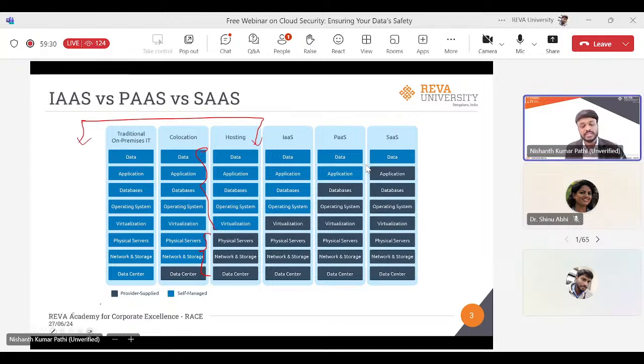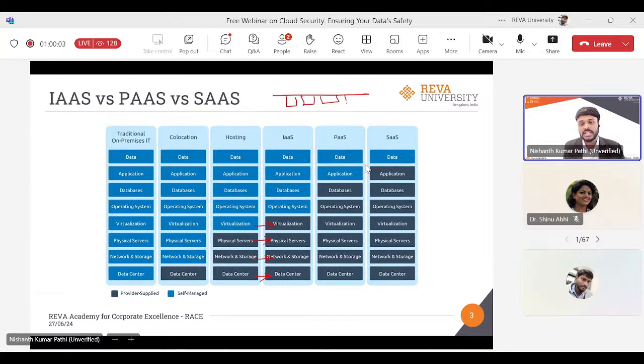But since 2006, when AWS started introducing cloud features, cloud comes with three models: infrastructure as a service, platform as a service, and software as a service. If I start looking at infrastructure as a service, the data center, network, storage, physical servers, and the virtualization component are taken care of. Let me put an annotation here.